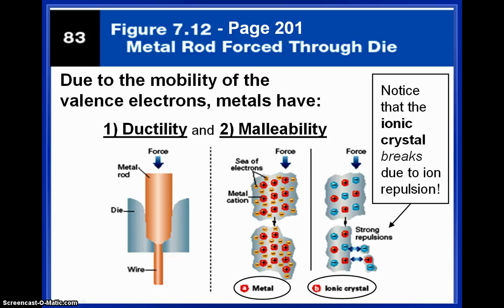Now malleability, if we look here, malleability means you can be hammered into a certain shape. So if we hammer a metal, because those electrons can slide past one another, it can change its form. As opposed to an ionic bond, which is a crystal structure, that when we hammer it will actually repel part of the compound and it will break off, which is why ionic compounds are brittle.